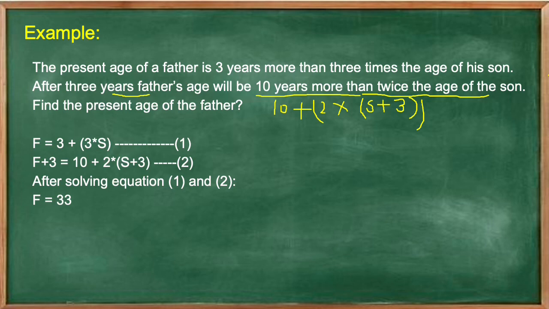With this, you will get the value of S and then substitute the value of S again in equation 1 to find the value of F. Actually, there are various different ways to solve these equations, which you should already know before starting this topic. Okay, so our answer is 33 years.